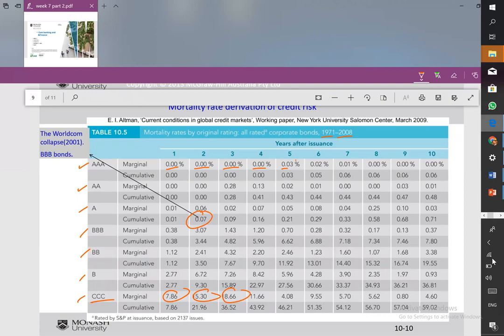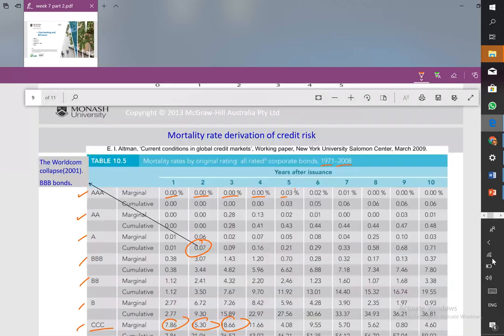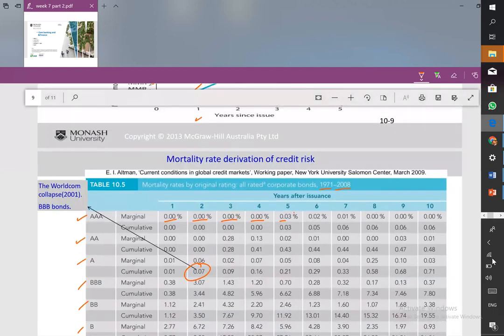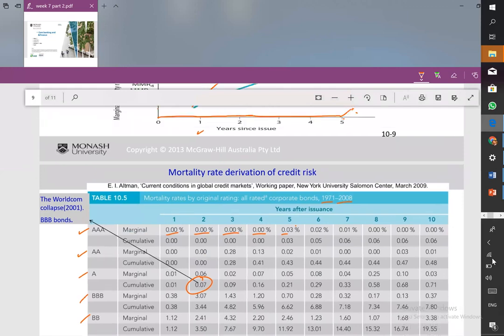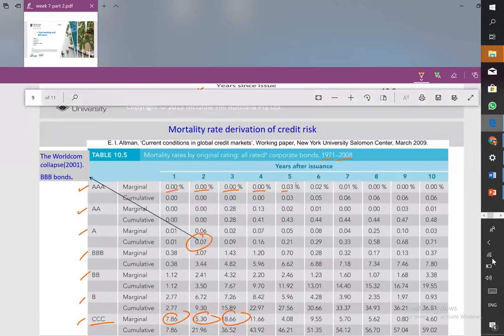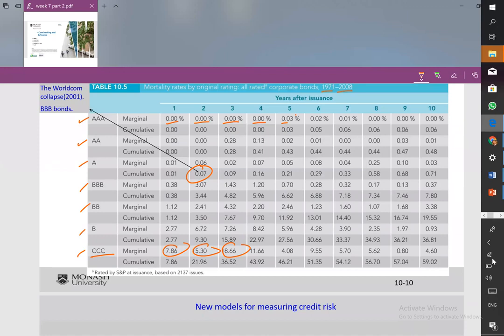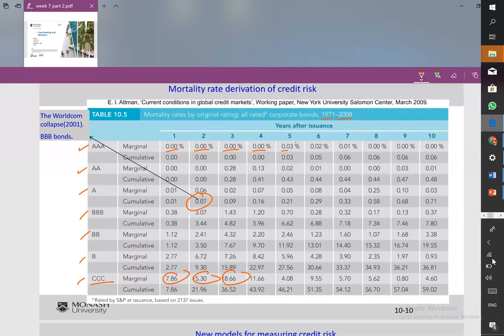So this is the last 10 years, I think, from 2001 to 2009. They defaulted in this year, 2001. So if this is from 2000 to 2009, this is when they default during that crisis.